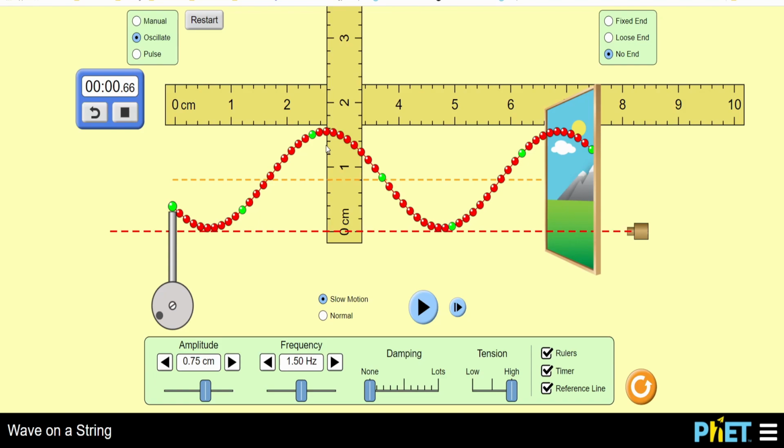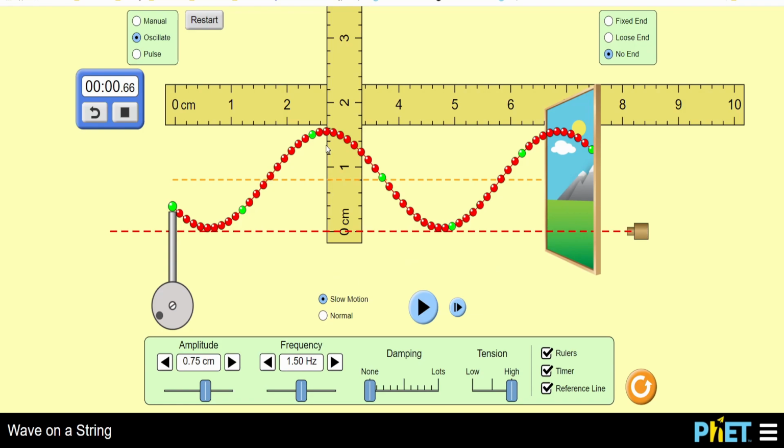It's the amount of time between repeated points, or the amount of time it takes for one full wavelength to go past. Whatever way you want to think about it, the definition hasn't changed, whatever makes it easy for you. And as stated previously, the frequency and period are inversely related. Specifically, the frequency is equal to 1 over the period, or the period is equal to 1 over the frequency.